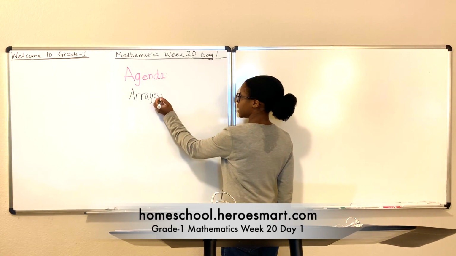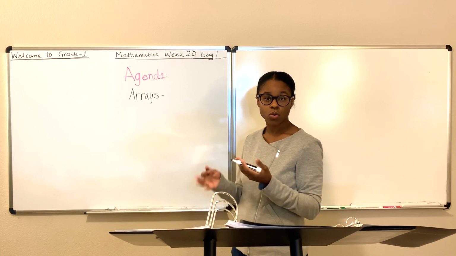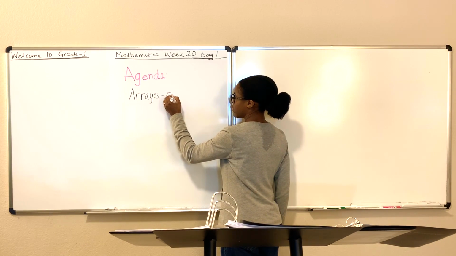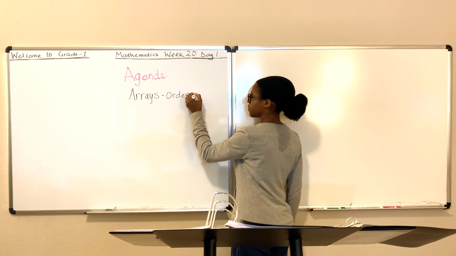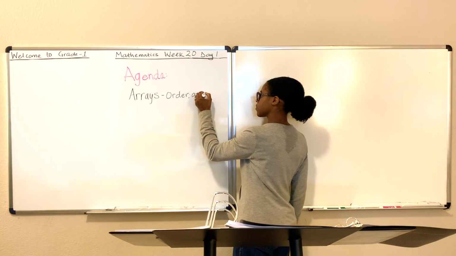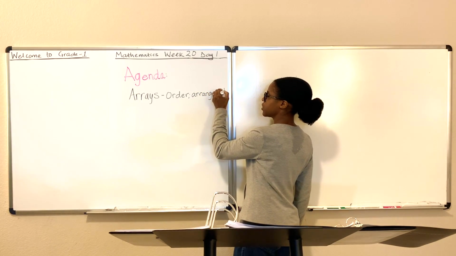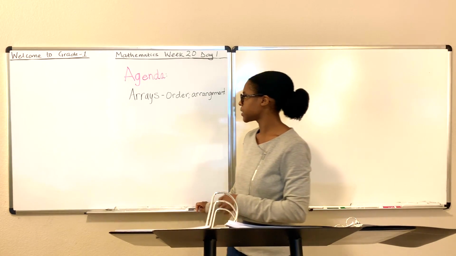So today we're talking about arrays. An array is the way you decide to arrange or order something. So we could just say order or arrangement. Sounds like a big word, but it's not really a big thing.